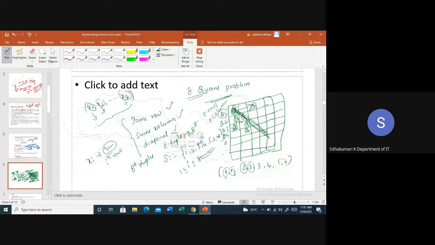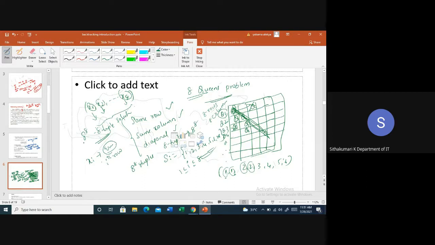So here, this constraint implies that all the solutions are permutations of 8 tuples, because we told that no two xi's can have the same value. So the 8 power 8 tuple solution space, this is a solution space because it's a combinatorial problem.